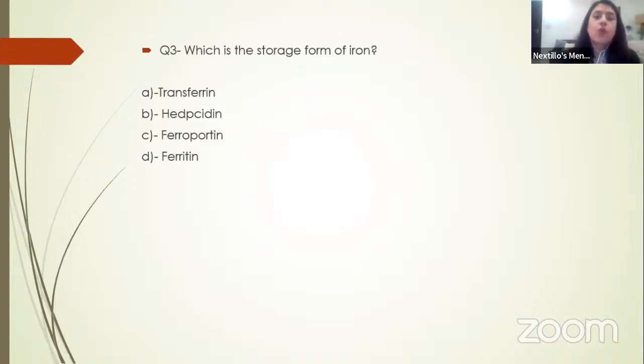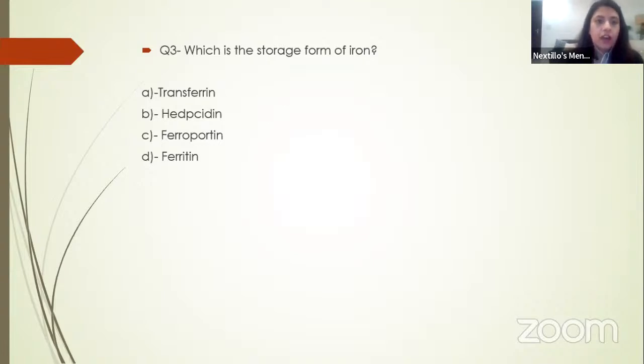Now, which is the storage form of iron? The options are transferrin, hepcidin, ferroportin, or ferritin. So the answer over here is ferritin. Transferrin is basically the transport form.